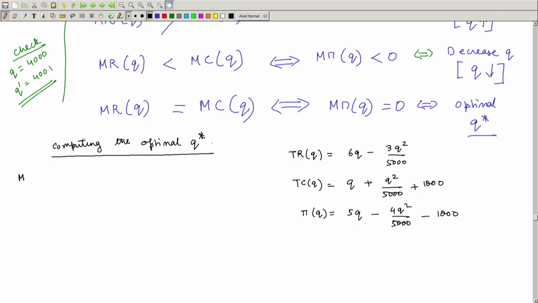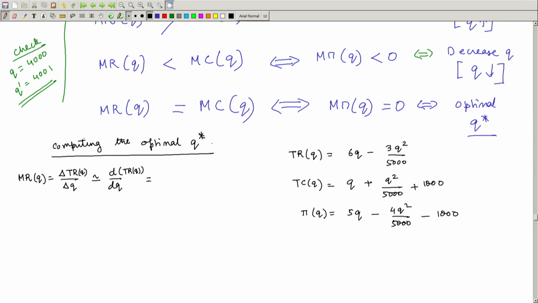Now the marginal revenue is the change in total revenue resulting from a unit change in output. For very small changes, as my delta tends to 0, I can borrow the rules from calculus and claim that delta TR over delta Q is approximately dTR/dQ.